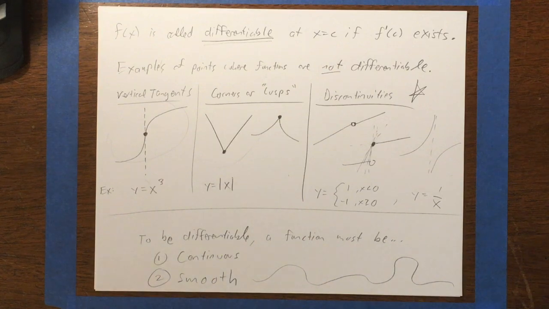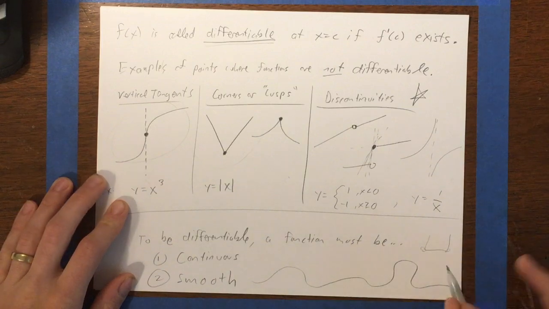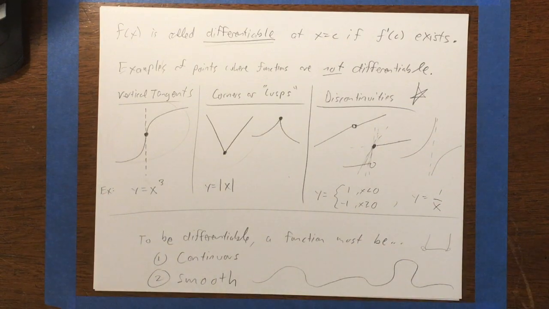Sometimes you can have something that looks like a sharp corner from far away, but if you zoom in on it, you'll find that it's actually curved. It's like a really tight curve, so you've got to zoom real far before you see it. But it may actually be smooth. If you take like x to the power 200, you might see something that looks sort of like this, but the corners here are smooth, not sharp. Anyway, so those are two things that are required in order for a function to be differentiable.